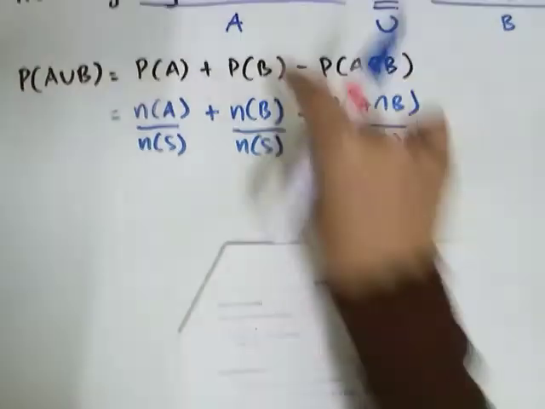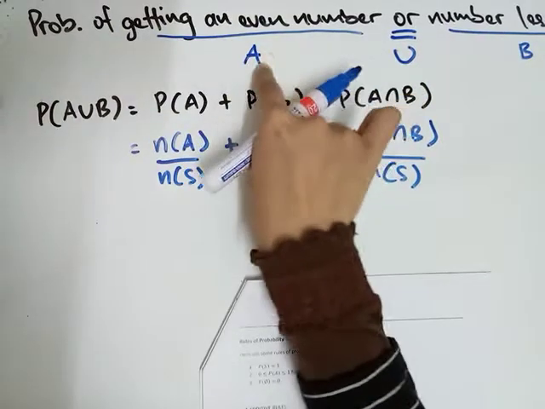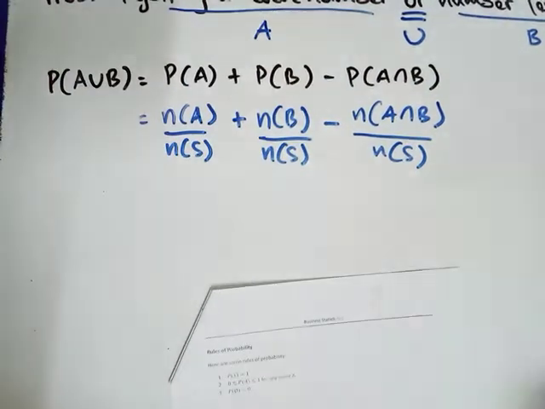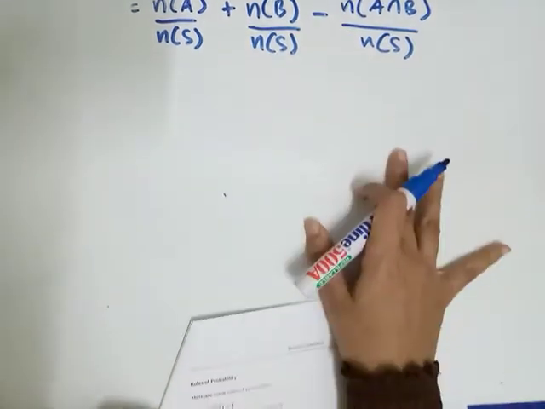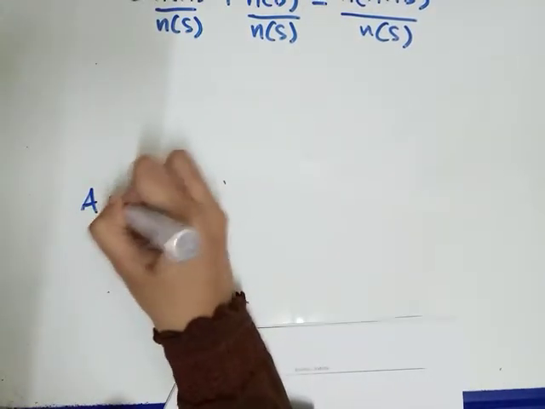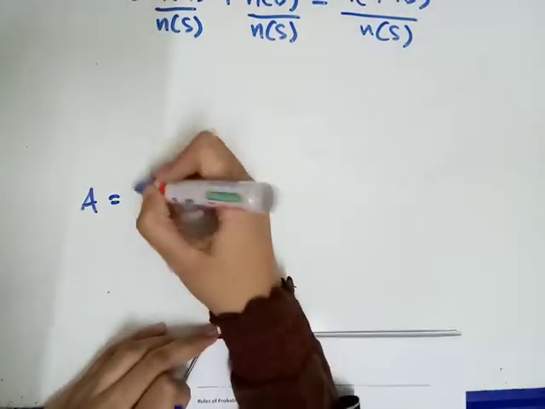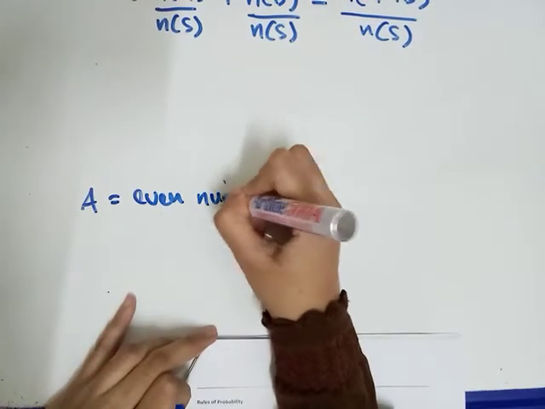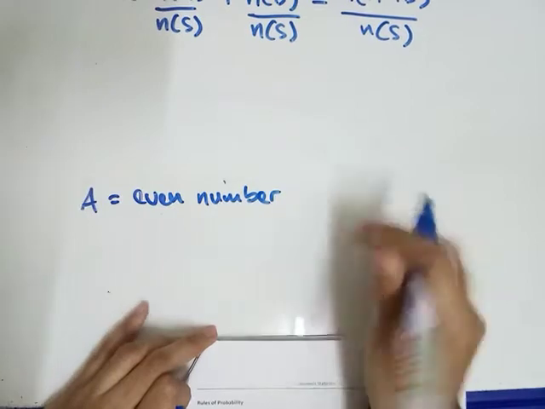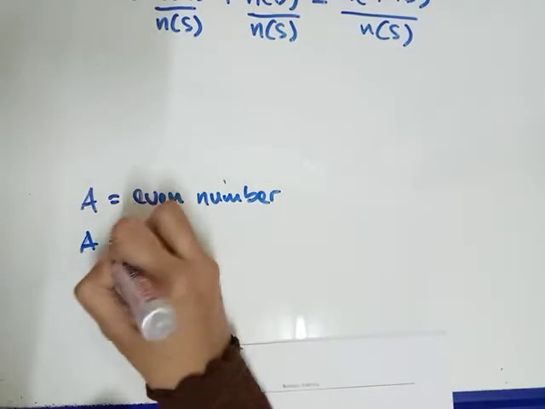Okay. So, first, kita dah letkan getting even number ni as set A. So, we know that for set A, ini saya buat kat bawah dia. Set A, even number. What is the element in set A?